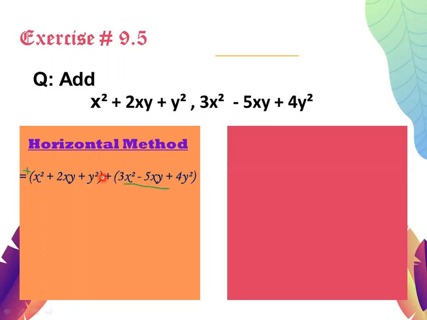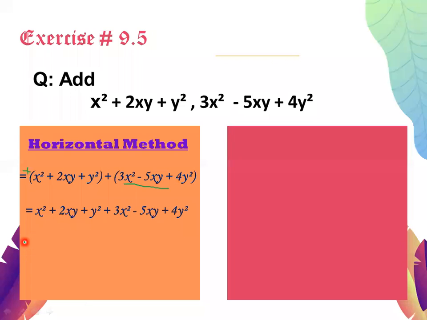If the bracket has a plus sign, the signs inside the bracket will not change, and you will simply copy them down as they are, just like this. We will simply write x square plus 2xy plus y square. Nothing will be changed here. Then plus 3x square minus 5xy plus 4y square. After that, you will arrange the like terms together.